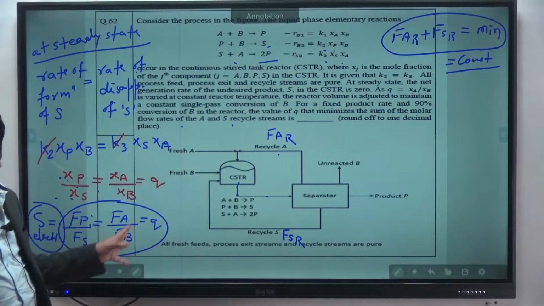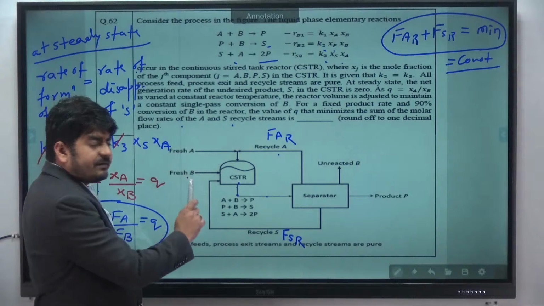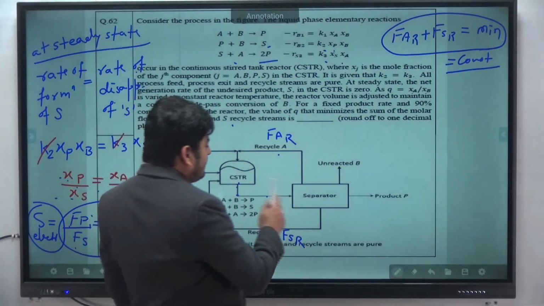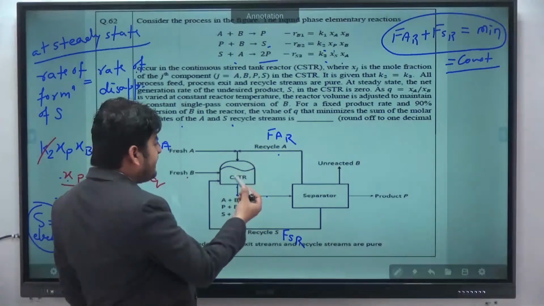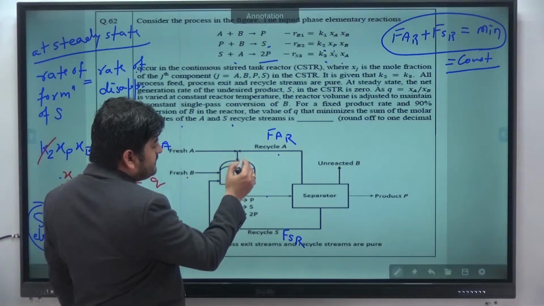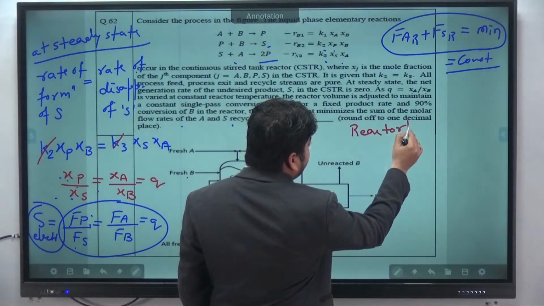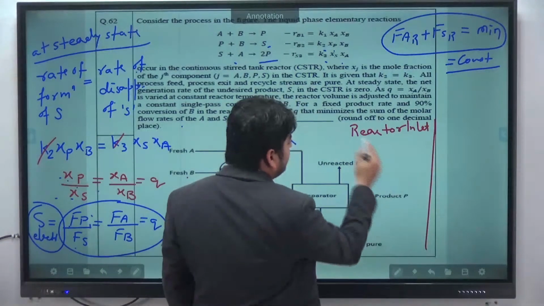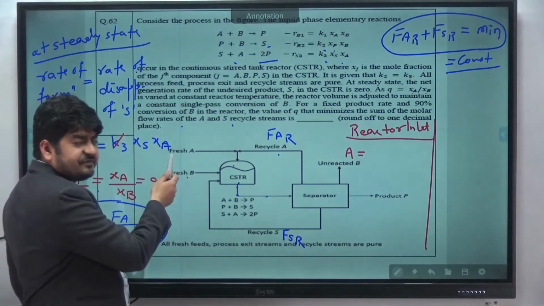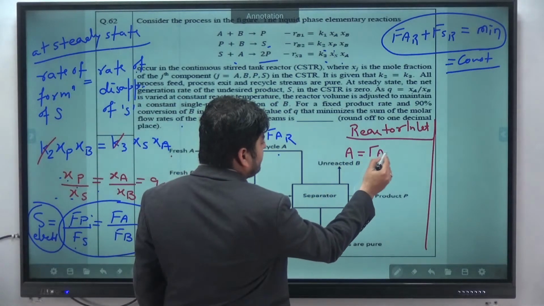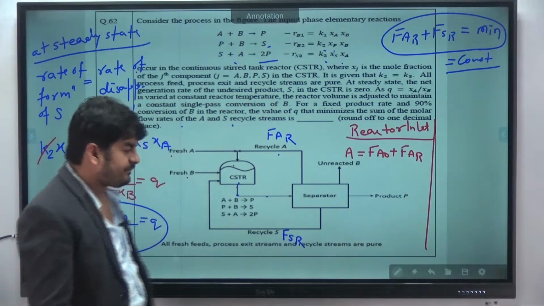Now if you look at this process, this is at a steady state. B is going in, A is going in. Here pure A is coming in the recycle. So in the MFR, if you see the reactor inlet, A will be equal to A coming from the fresh feed, FA naught, plus A coming from the recycle stream, let's say FAR.